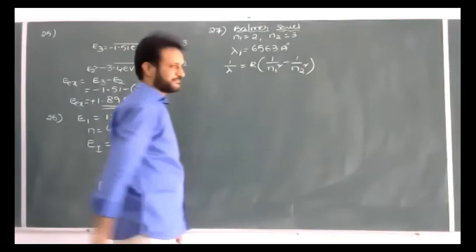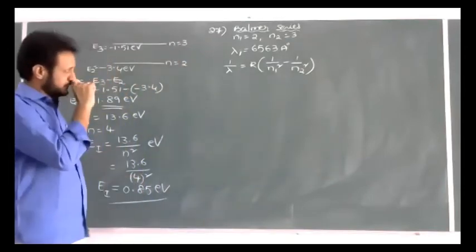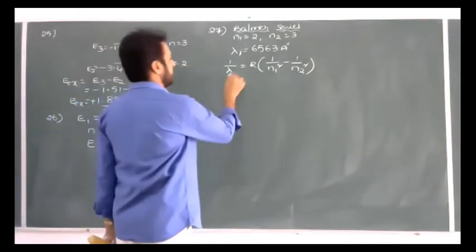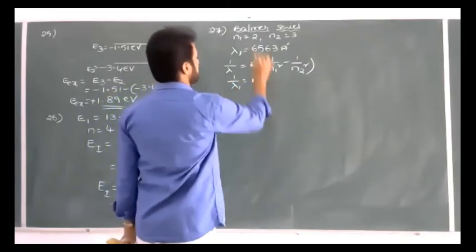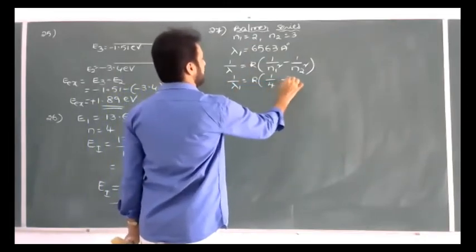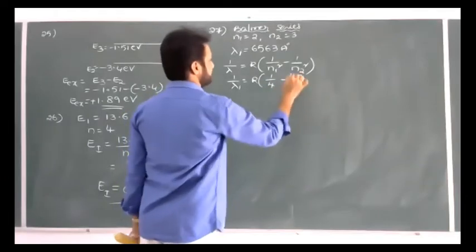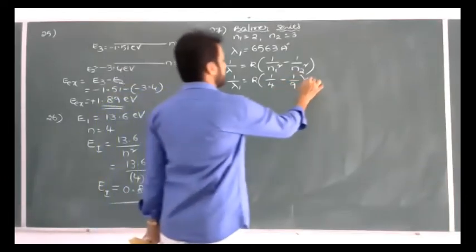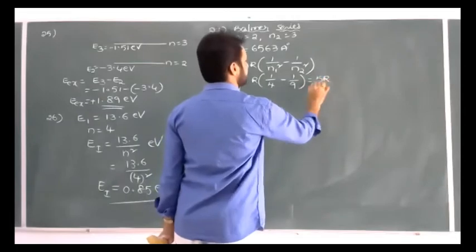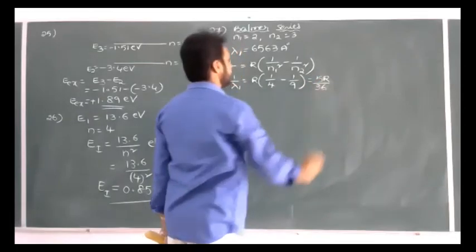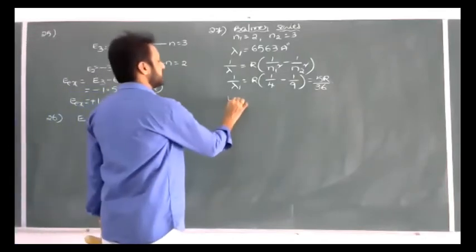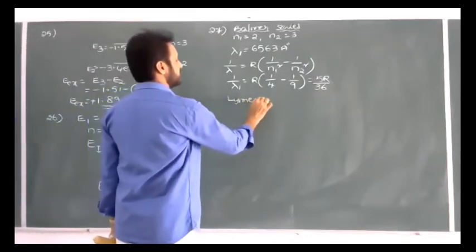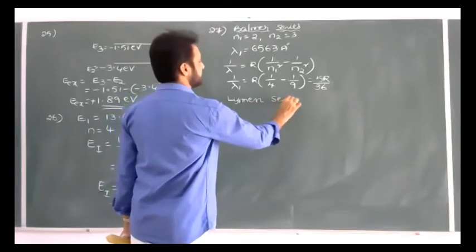Here, 1 by lambda 1 is equal to R into 1 by 2 square, means 1 by 4, minus 1 by 9, that equals 5R by 36. So that is the 1 by lambda 1 value. Leave that one.